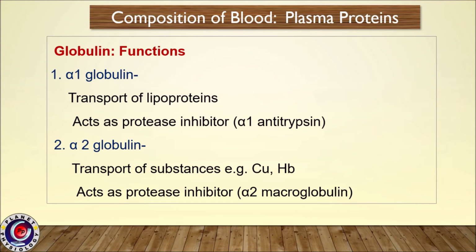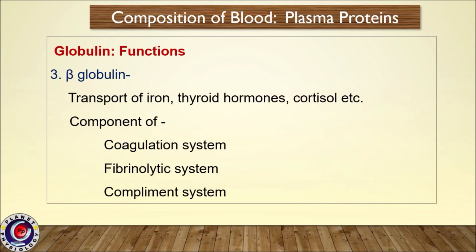Alpha 2 globulin helps to transport substances like copper and hemoglobin, and it also acts as a protease inhibitor. An example is alpha 2 macroglobulin. Beta globulins are concerned with transport of iron, thyroid hormones and cortisol, and they are also important components of the coagulation system, fibrinolytic system as well as complement system in the blood.